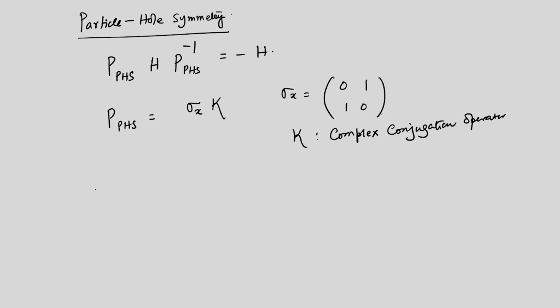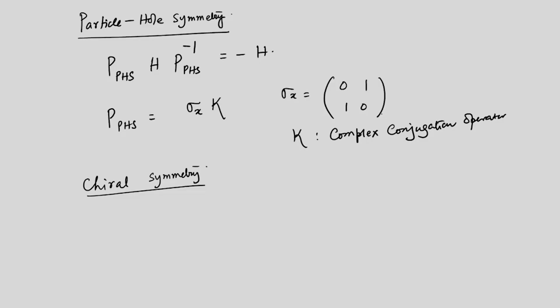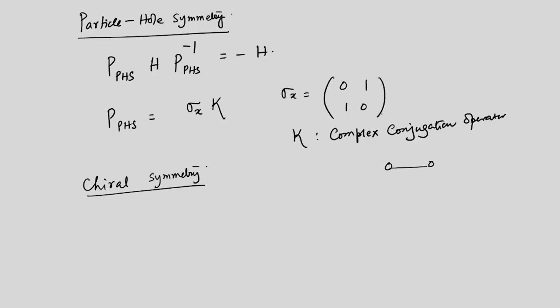Now, to wind up the discussion, we will talk about the chiral symmetry. This is a very important symmetry of the Hamiltonian vis-a-vis its relation to topology. And in a very simple model which we are going to see just after this discussion, for example graphene has a chiral symmetry, which means that both the A and B sublattices are like this.